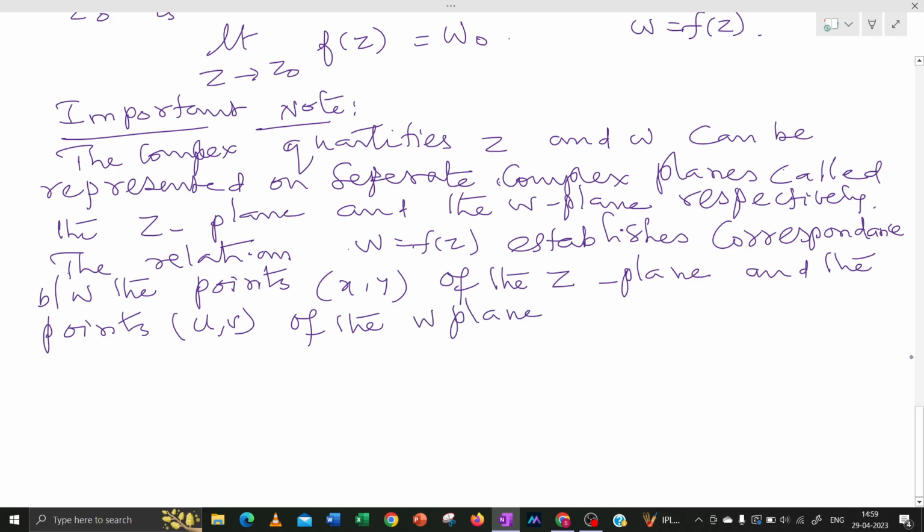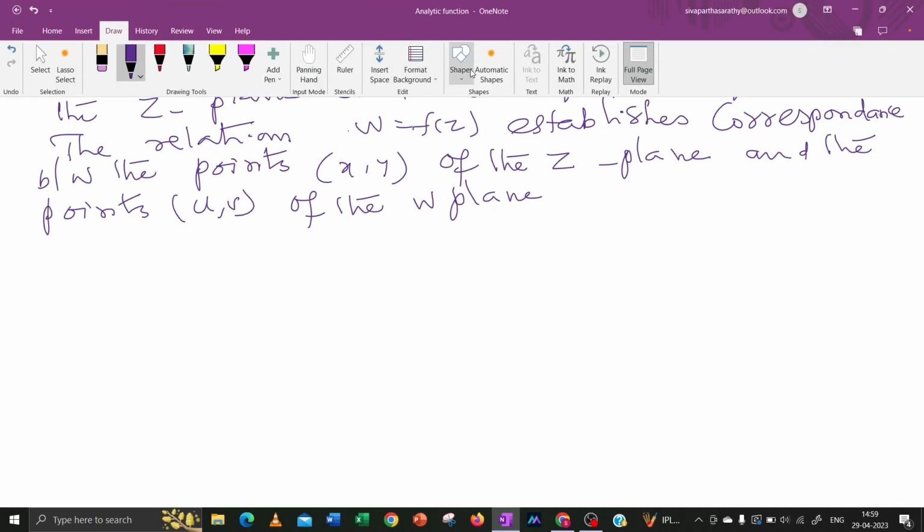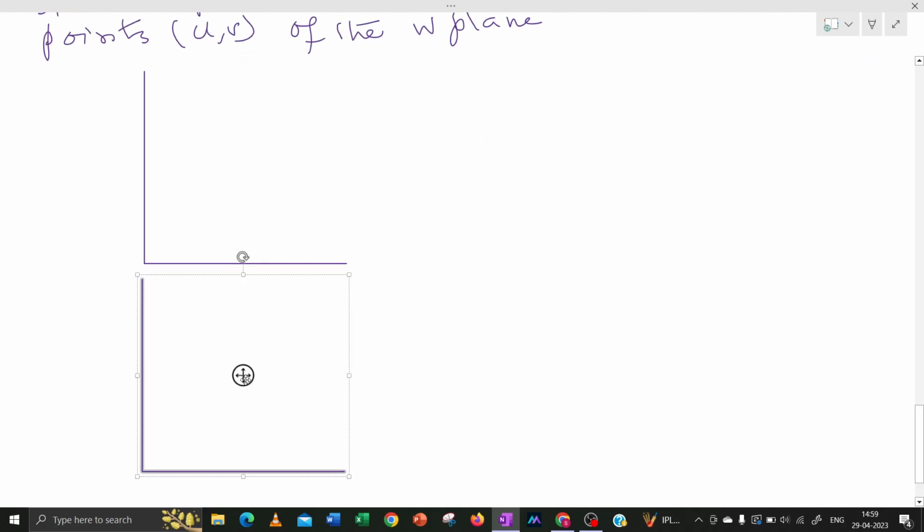So we can draw the diagram based on this important note. Here we draw one coordinate axis, and copy and paste it here.